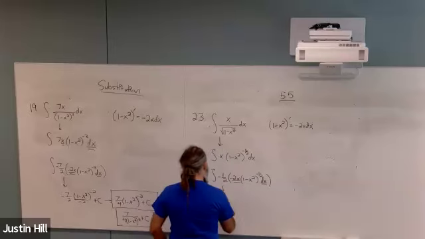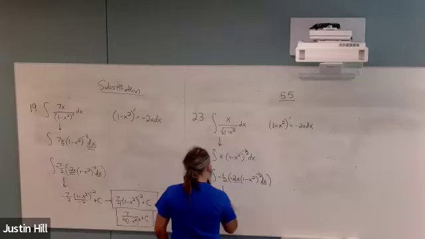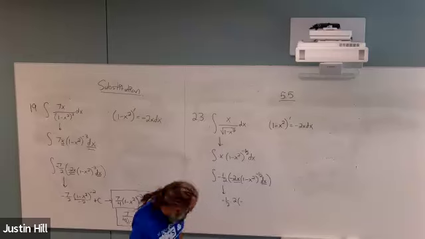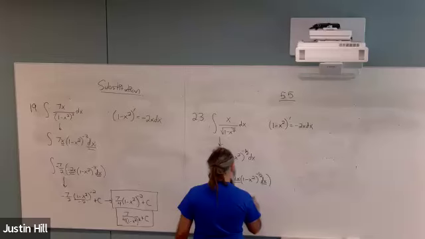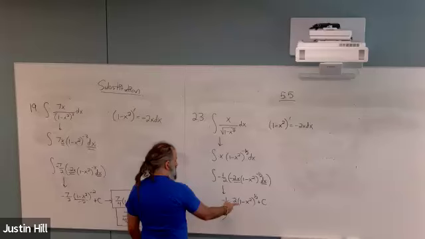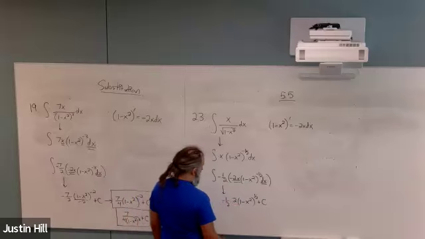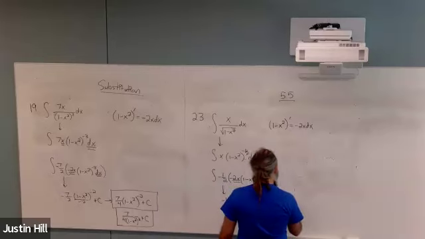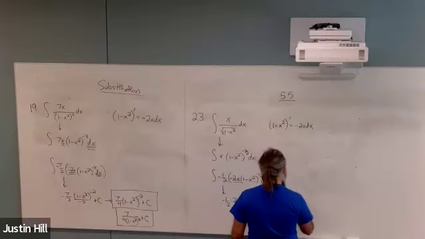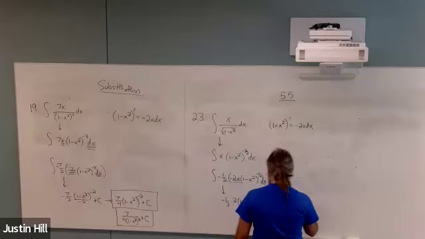So this is going to end up being -1/2 times 2 times 1 minus x squared to the 1/2 power plus c. And 2 times -1/2, the 2's cancel and you get a negative. So this is going to be -1 minus x squared to the 1/2 plus c.